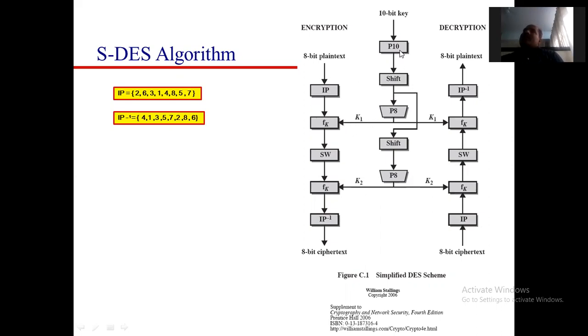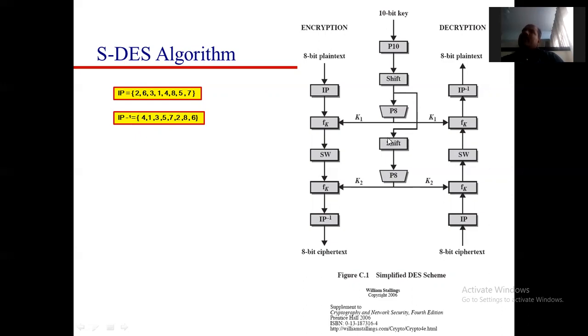For the purpose of increasing the security level of this algorithm, we initially consider a 10-bit key, but the actual key used is only 8 bits. Out of the 10 bits you can choose any 8-bit key. The output of the shift we take again for the second key K2.